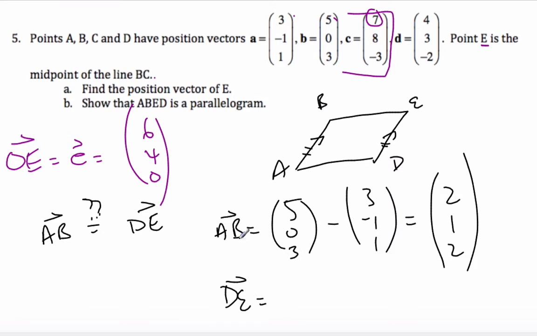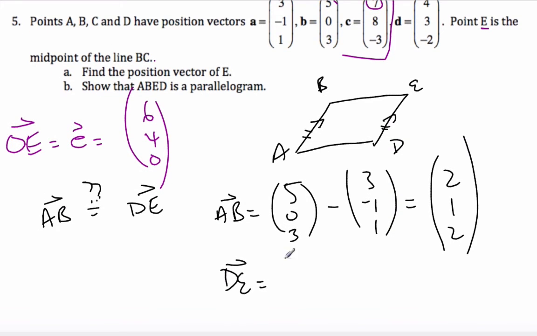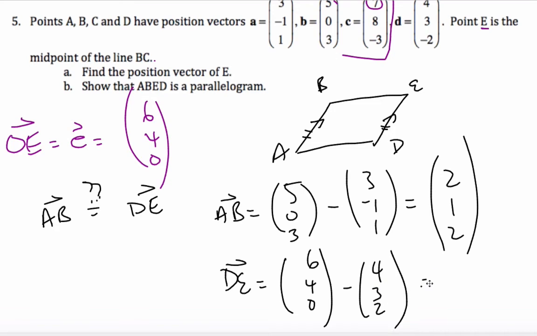DE is head, which is E (6, 4, 0), minus tail (4, 3, 2). Subtracting them, I get 6 minus 4 is 2, 1, and negative 2.